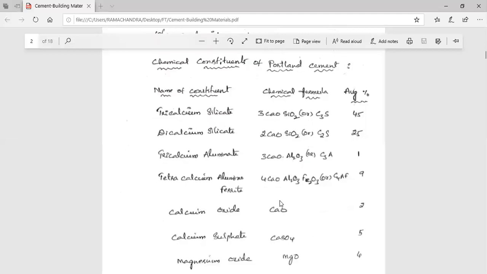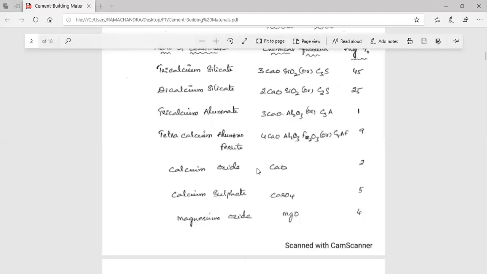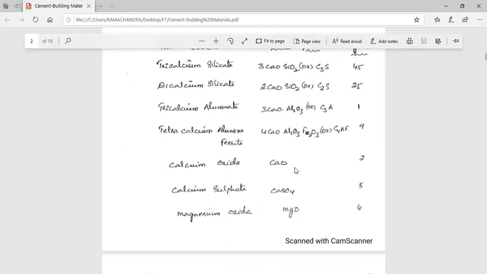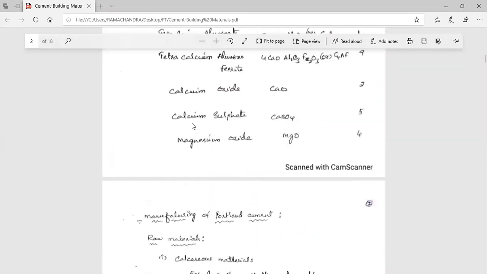Next, calcium oxide, CaO. The average percentage of 2% is present in the Portland cement. Next, calcium sulfate, formula CaSO4, with an average of 5% present in the Portland cement.